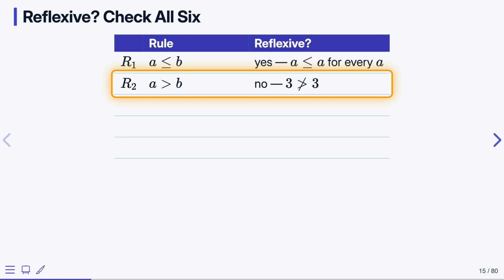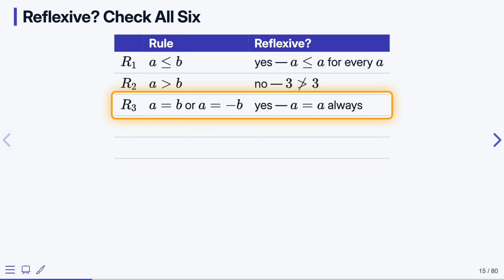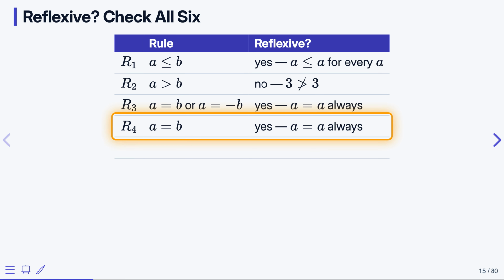Take 3. 3 is not greater than 3, so R2 is not reflexive and 3 is our witness. R3 becomes a equals a or a equals minus a. The first half is always true, so R3 is reflexive. R4 becomes a equals a, always true, so R4 is reflexive.